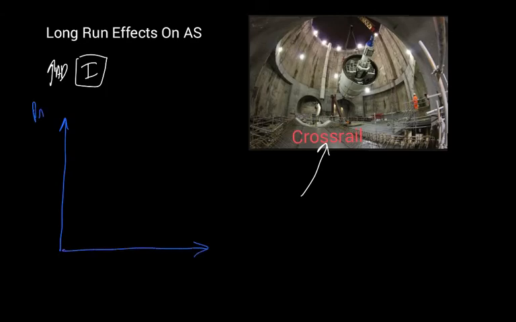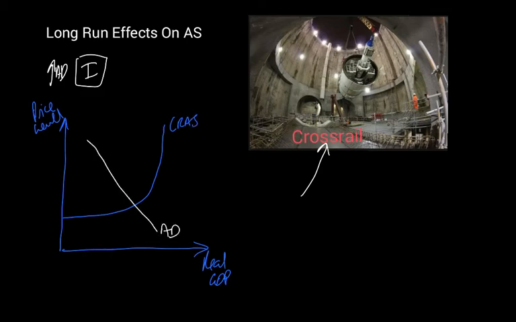So if we have our price level and real GDP, and I start us with a Keynesian curve like that, and our aggregate demand like that, what we know is that this initial investment that we've already spoken about will lead to a fairly substantial increase in aggregate demand.